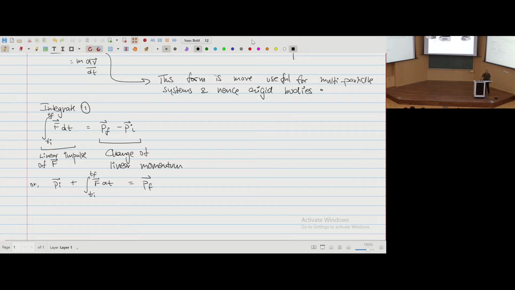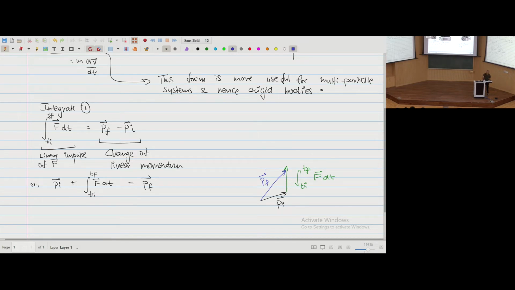If I was to show this vectorially, I will draw the initial linear momentum, then the impulse, the integral of F times dt from t initial to t final, and that gives us the final linear momentum. So these diagrams are quite useful sometimes for visualization. This is called the impulse momentum diagram.